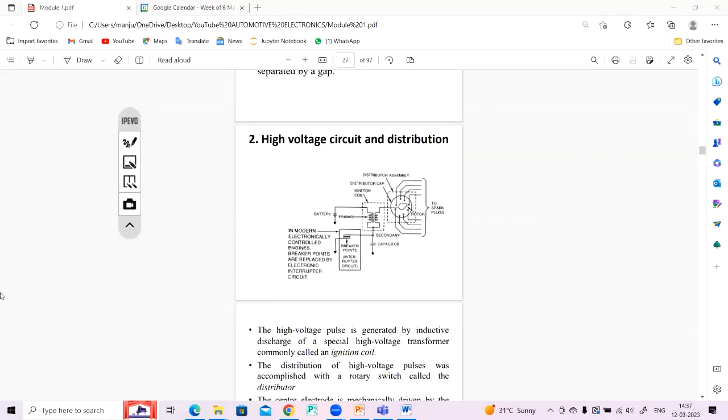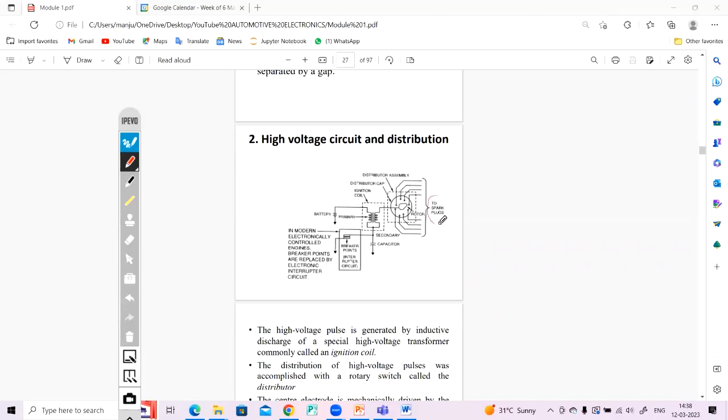Whenever a spark is produced, some heat is released in the form of a tiny spark. In order to boost it higher, the high voltage circuit and distribution play an important role. It is one panel acting as a major part in any engine.